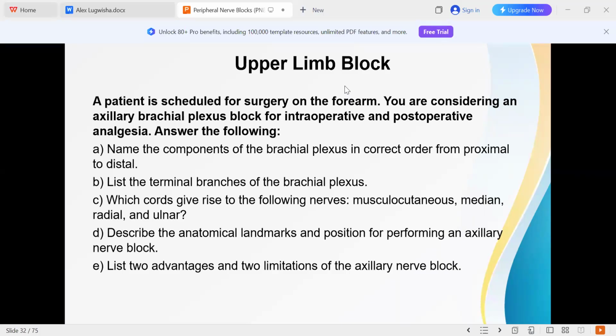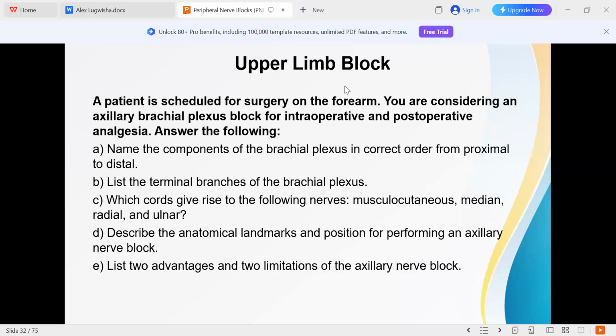With that, are you sure you'll be able to target all the terminal branches? You first pull back the plunger to make sure that you're not within the artery. And then it targets all the nerves except the musculocutaneous nerve. Okay.